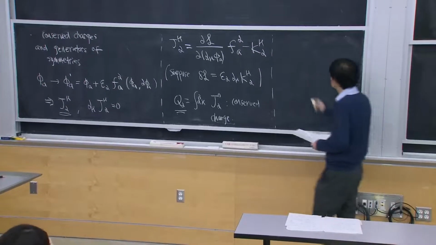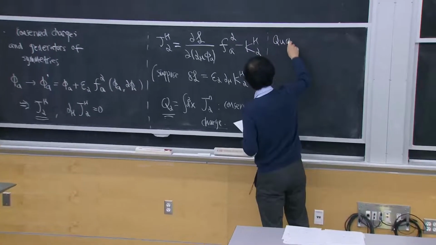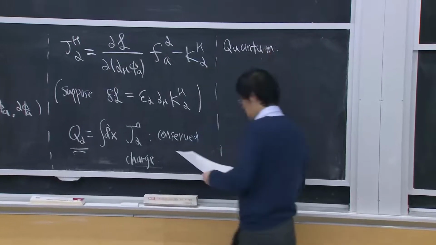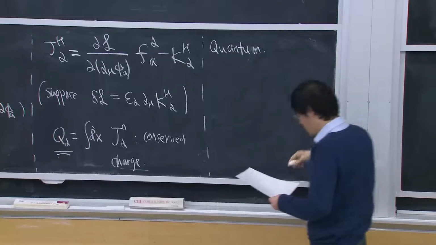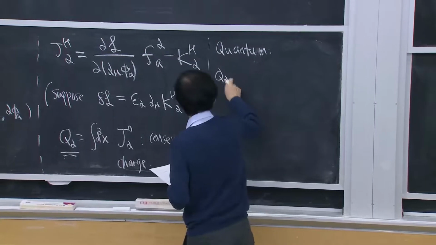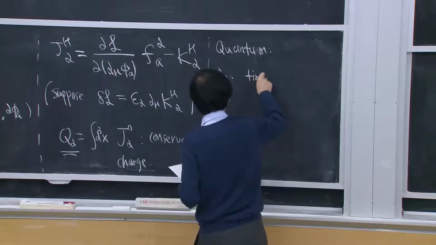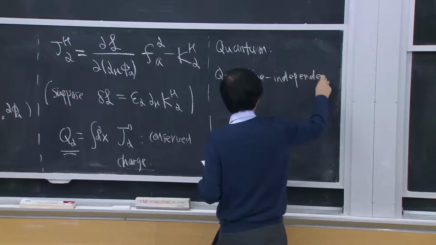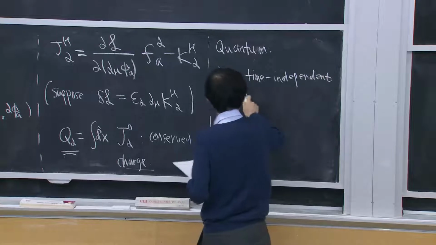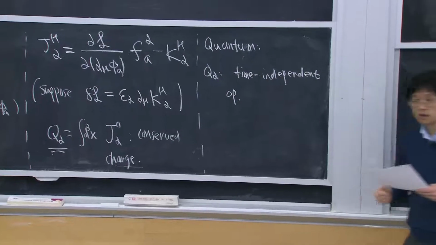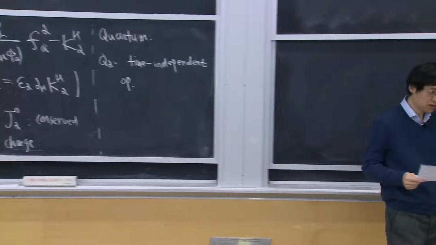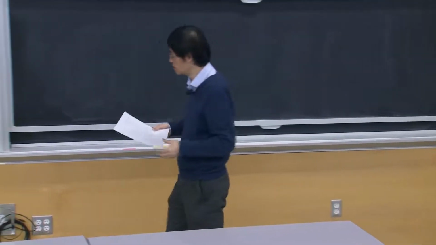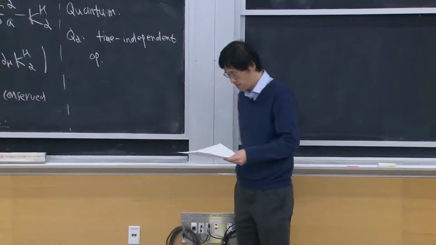Because Q alpha is conserved, it becomes a time independent operator. We saw this explicitly in the case of the Hamiltonian and the momentum: they actually don't depend on time.